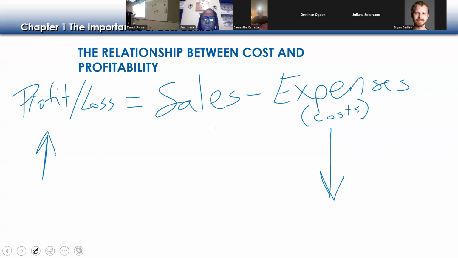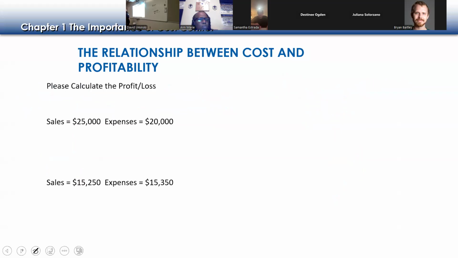So the sales minus the cost, we can keep those low. However, the flip side is also true. As our expenses go up, our profit is going to go down. As our expenses get really high, it's going to impact our profit. We'll see that in both chapter 1 and chapter 2 today. Okay. So just looking at these numbers, for example, number 1, do we have a profit or do we have a loss?